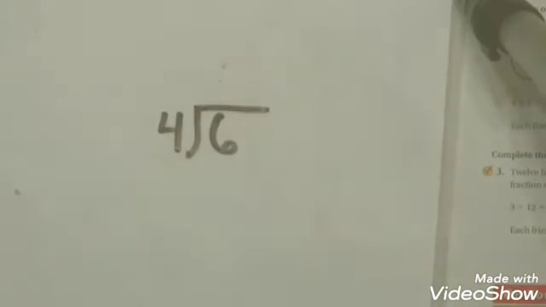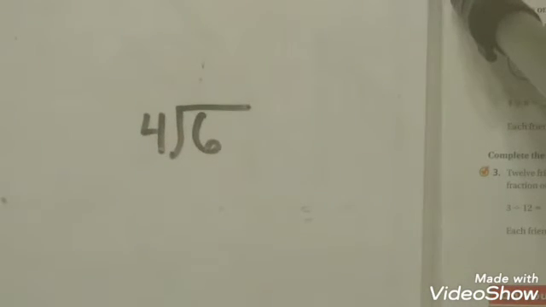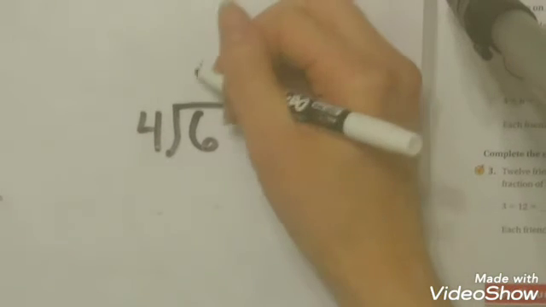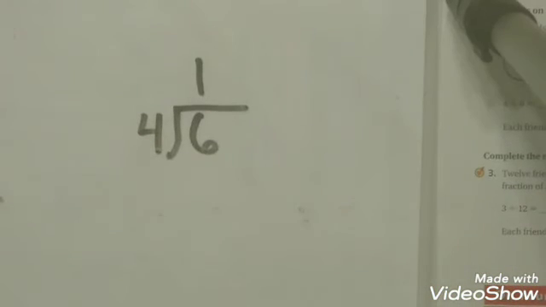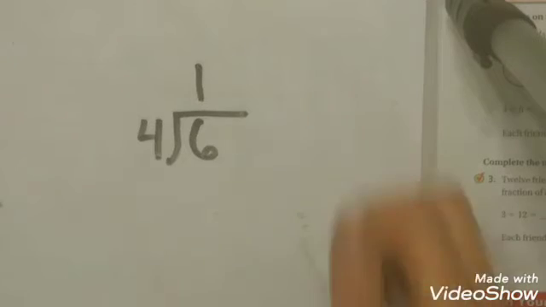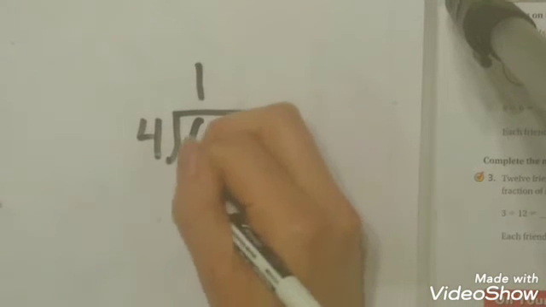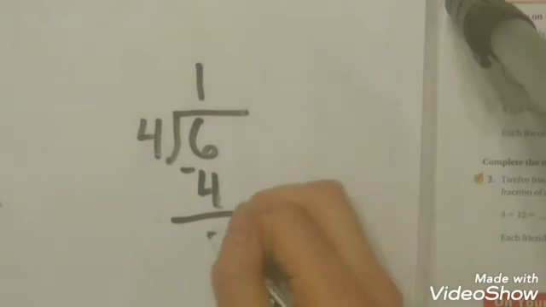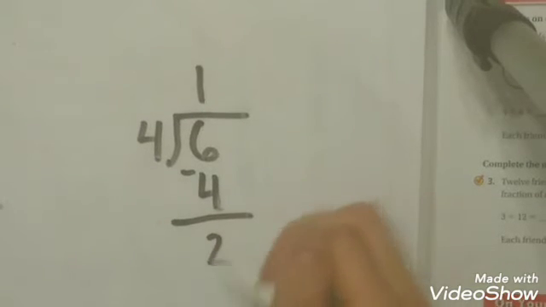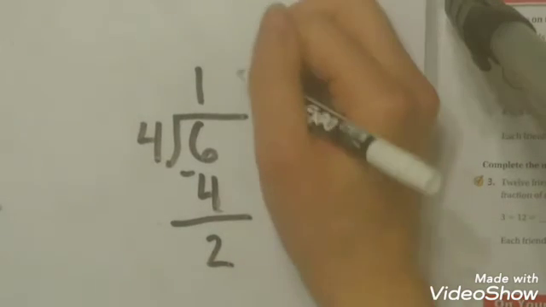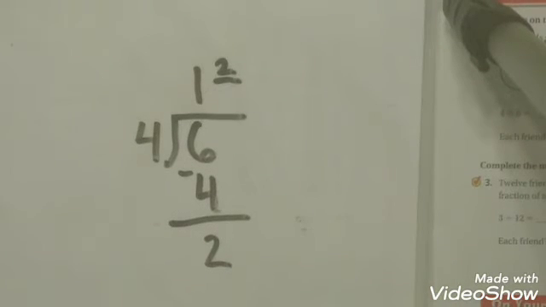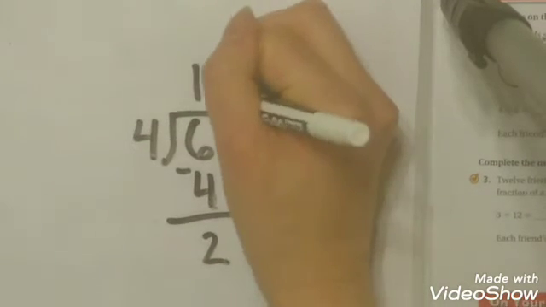Going through my long division steps, I know that 4 can divide into 6 only one time. I multiply 1 times 4 and I get 4. I subtract 6 minus 4 and I get 2. Now remember, to make that into my fraction, I bring my remainder up to become the numerator and the number I was dividing by to become my denominator.